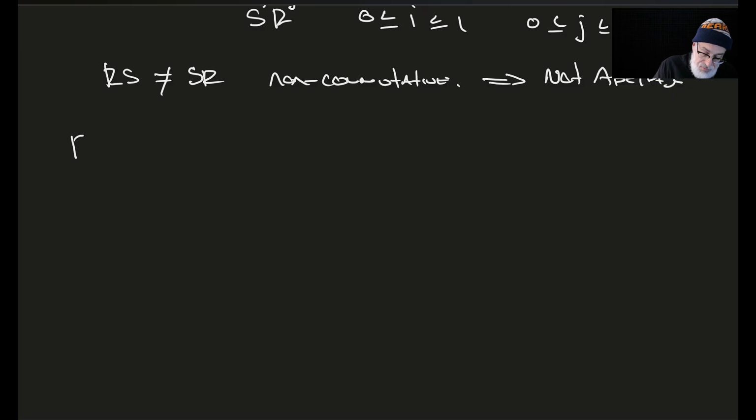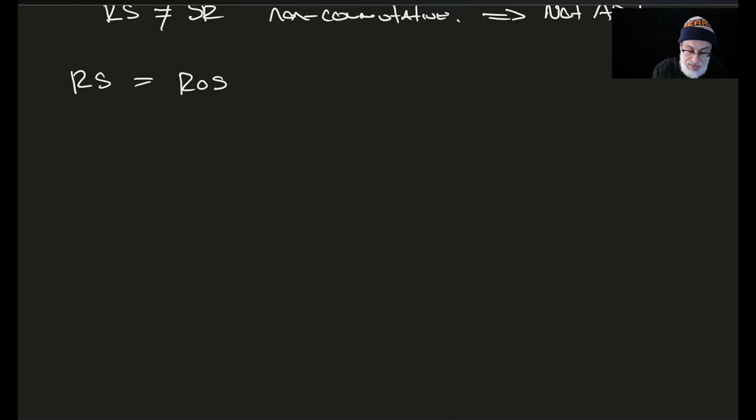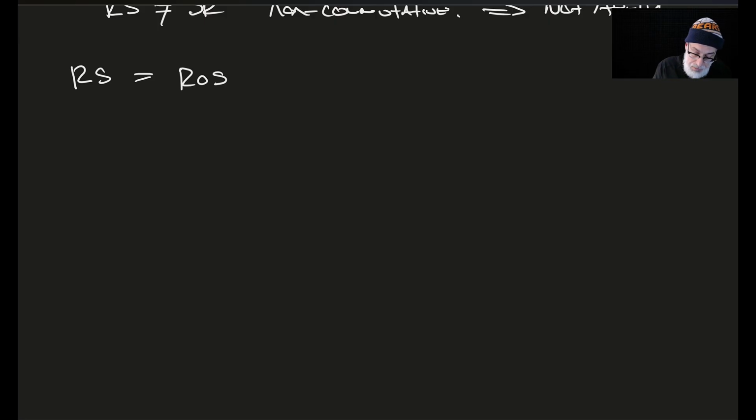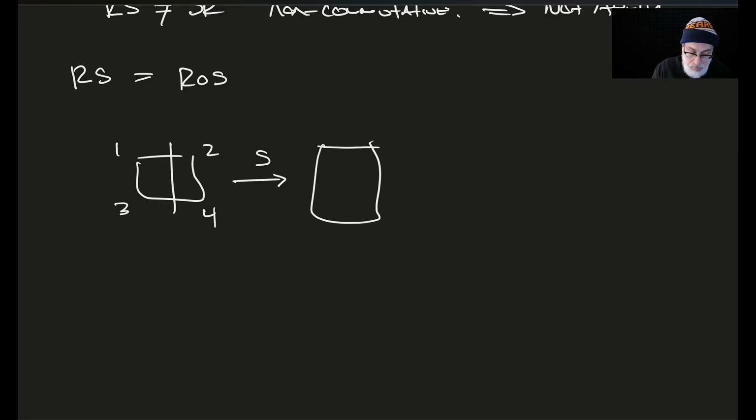So let's look at RS first, and let's remember that this is a composition. So we're composing R and S, and we do that right to left. So I'm going to take the triangle, and I'm going to apply S first. In other words, I'm going to rotate about that line. Not rotate, reflect about that line.